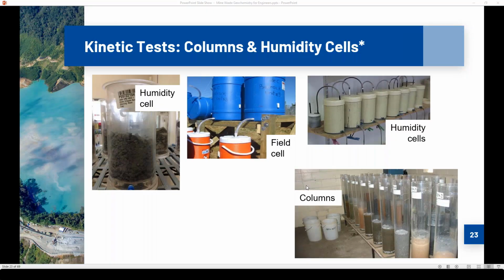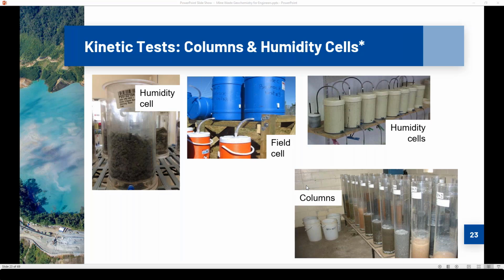Just some examples there, there's some kinetic tests, running all the way through from humidity cells on the left there, some kinetic leach columns on the right, some very cheap humidity cells that were constructed for a project on the top right, and there in the center, some field cells.